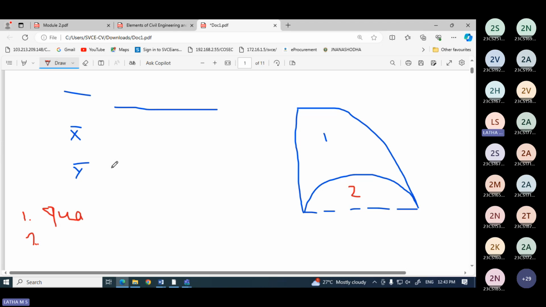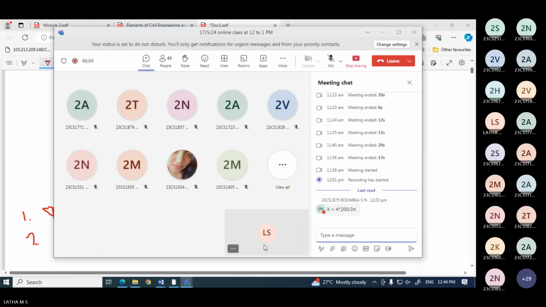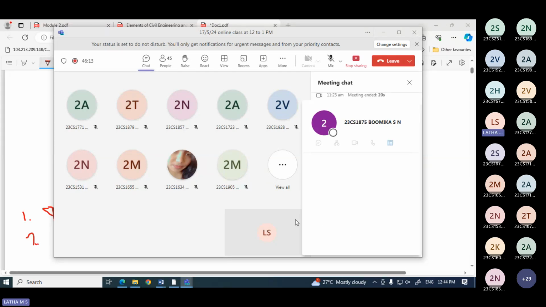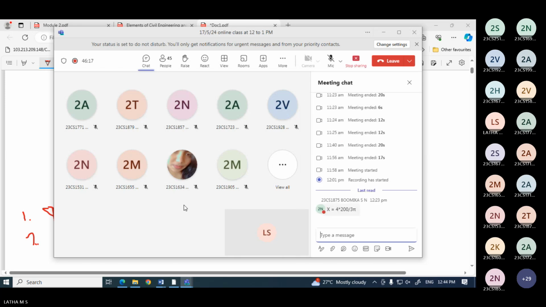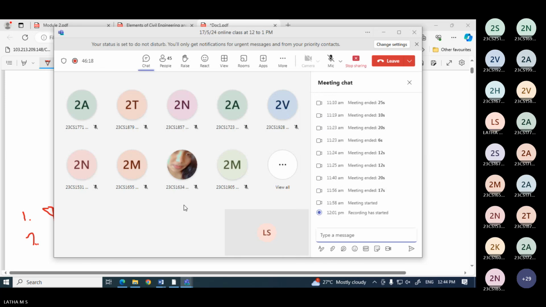And for a semicircle, it is... What is the meaning of this, Bhumika? X square, 4r by 3 pi. Okay. Nothing wrong. If you are given the chat box, don't delete, let it be.